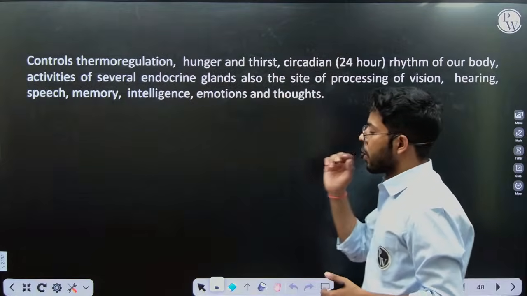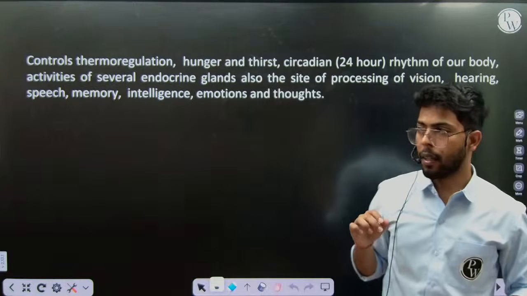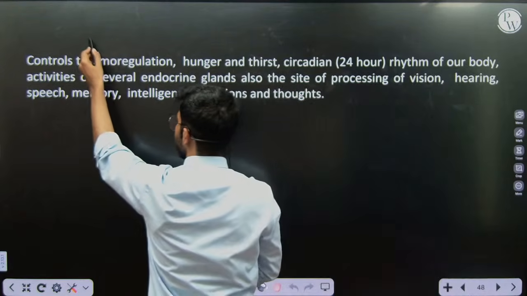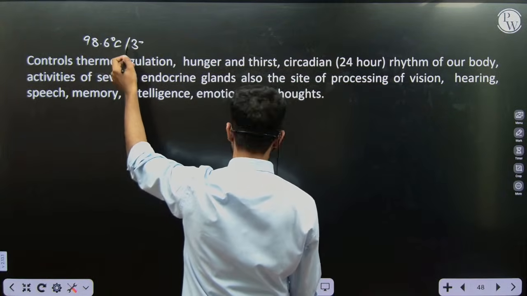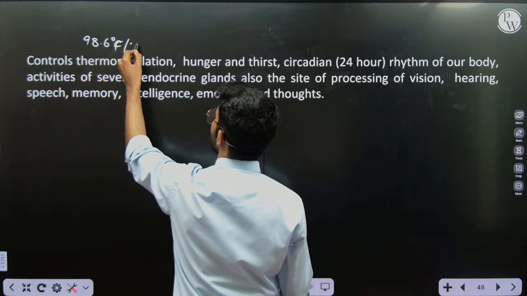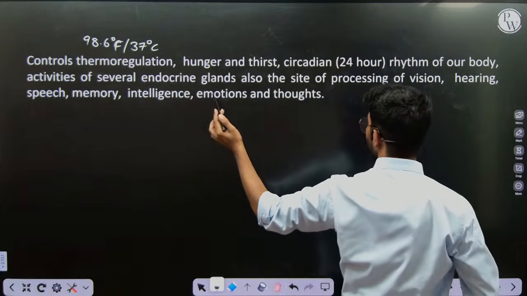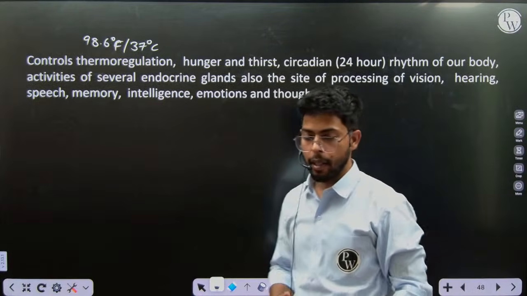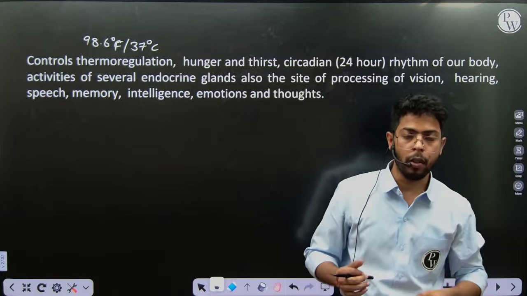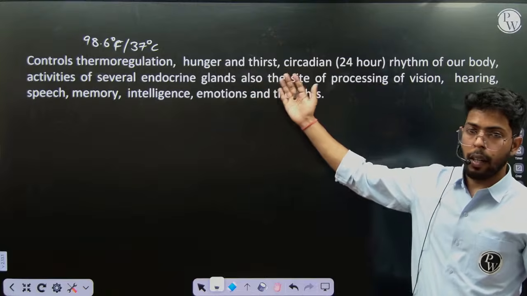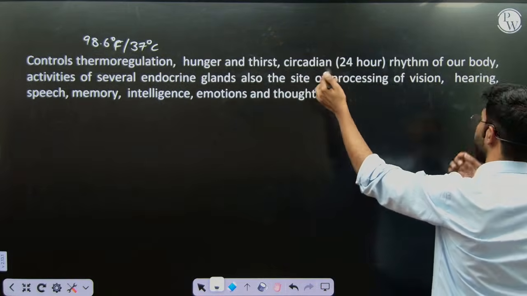So now thermoregulation, that means the temperature inside our body. The normal temperature of our body is 98.6 degrees Fahrenheit, or we can say 37 degrees Celsius. So it controls the thermoregulation and your hunger and thirst, because there is a structure present inside our brain, hypothalamus, which controls the hunger and thirst center, circadian rhythm, the sleep-wake cycle of your body.